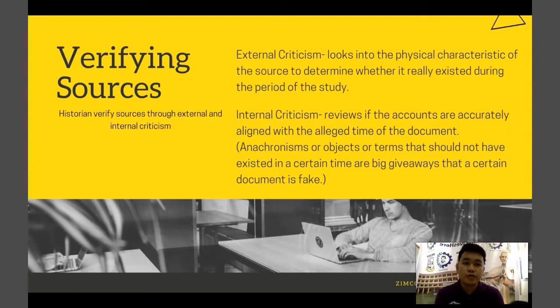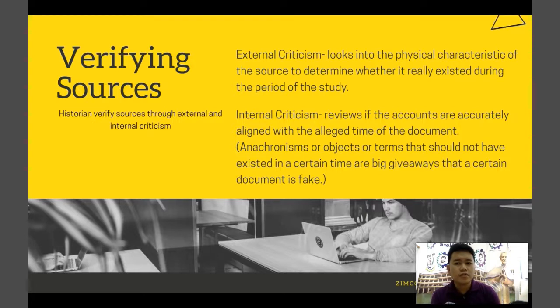For example, there are a lot of Facebook posts and information or articles that are being proliferated right now, and there are terms that are questionable, because if we are to study these terms, anachronisms, or even objects, they're not yet existing during that time.